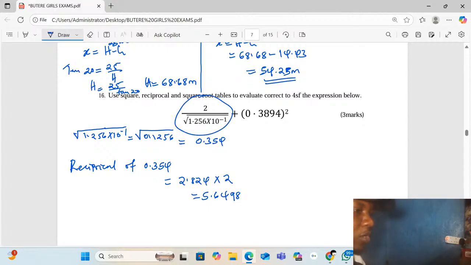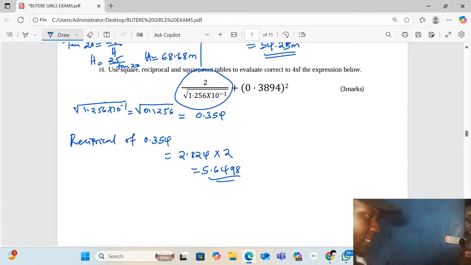So we go to the next part, so that we are going to add this part to the square that is remaining. So this is the first result. Now we go to the second one, the square of 0.3894.